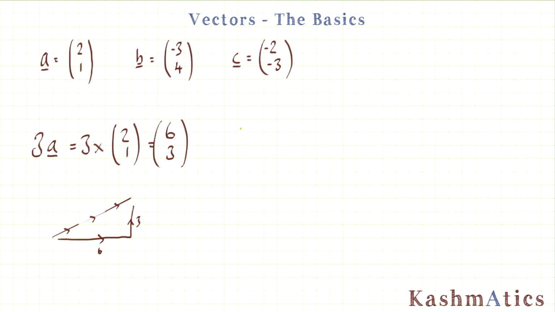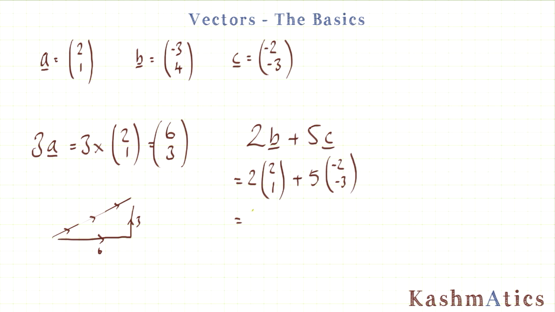Right, a couple more examples. Let's say we had something like 2b add 5c. Okay, so if I want to do that, I'd write 2b, so 2 times 2, 1. Now you can write like that, you don't need to put the times symbol in there. Add 5 times c, which is minus 2, minus 3. Okay, and then what I'd do is I'd work out each of these separately.